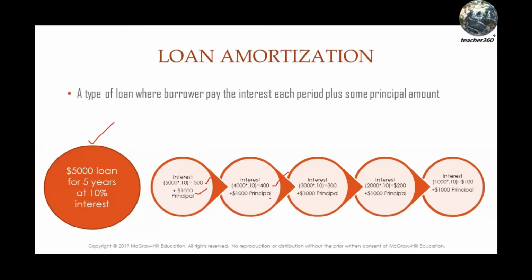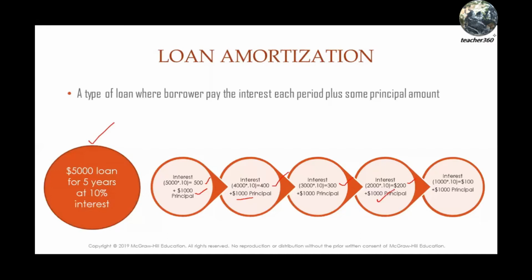Similarly, this year you also pay $1,000 principal. In the third year, your principal is $3,000 and your interest at the rate of 10% will be $300. And you will pay another $1,000 as principal. Similarly, in the fourth year, your interest is $200 on your remaining principal, and you will pay $1,000 principal.